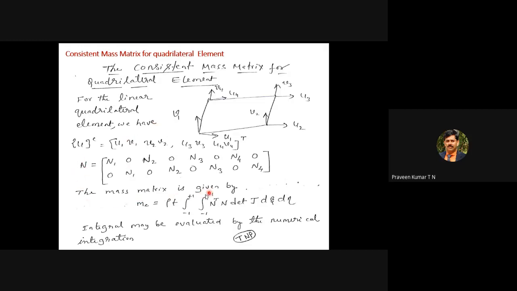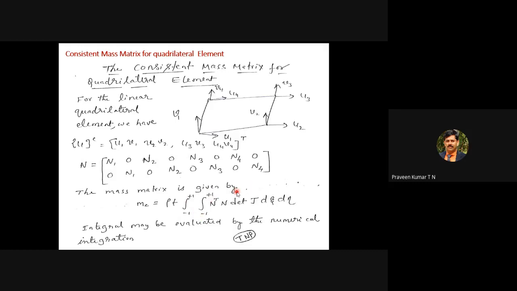Then when you come to the mass matrix for the quadrilateral element, we have the double integration, rho into T. That is nothing but a volume. Rho into T into A is the volume, from minus 1 to plus 1, minus 1 to plus 1 along x. It is a double integration.